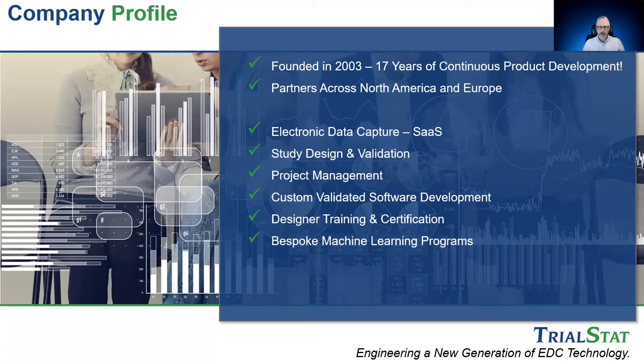But TrialStat's unique. We designed our platform and our licensing to support everything from preclinical to post-marketing on a single platform, and we will dive into that a little bit later. But we're also a very open architecture, and we're creating a platform that is always evolving and is capable of running novel clinical trials, and we'll talk a little bit about that as well.